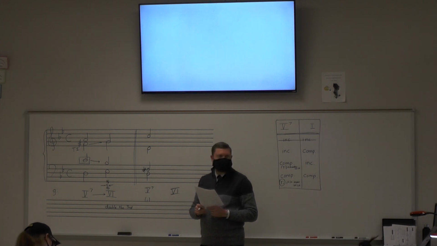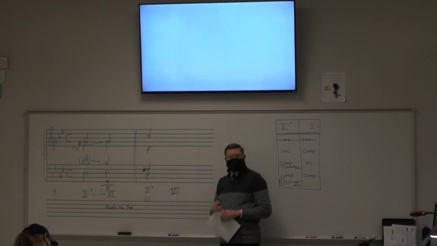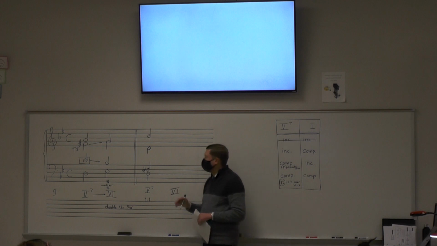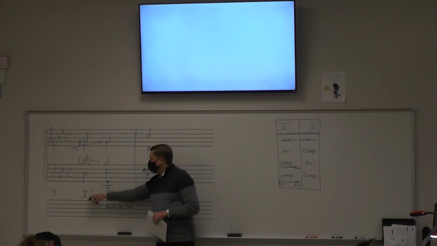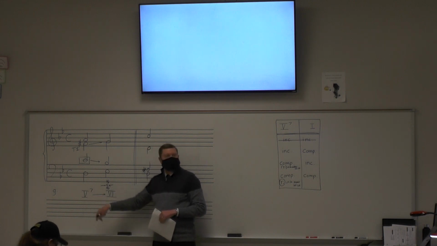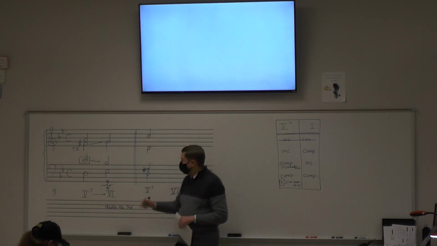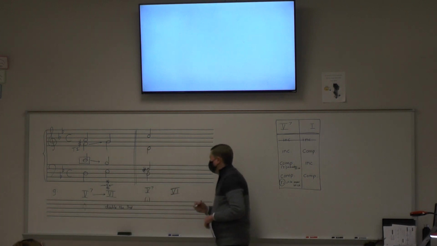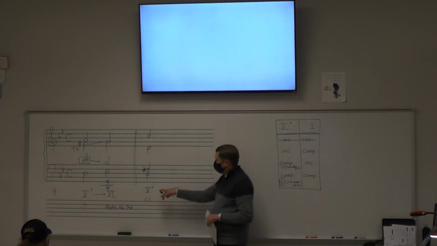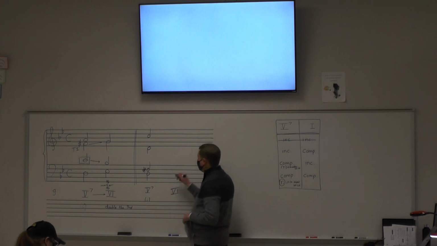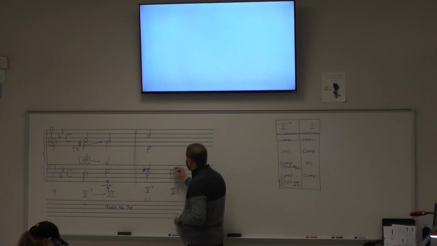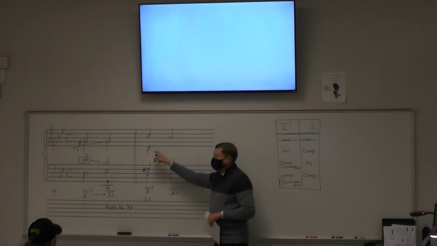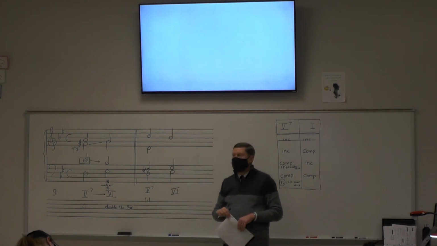So the moral of the story, and I'll show you that in a second, is whenever 5-7 goes to 6, make sure you've got a complete 5-7. Everything you need in the 5-7 should be there to start with. If I try to resolve this incomplete 5-7 to 6, where should the alto go?